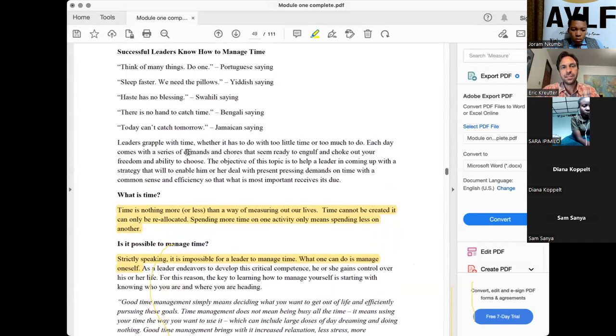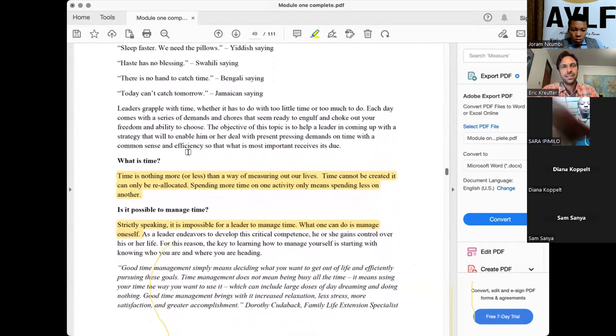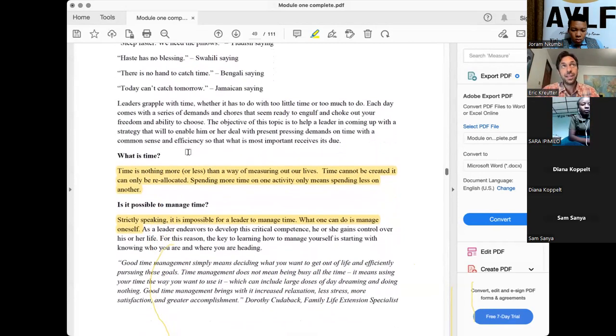Time is one of these philosophical things that we say, but has many deep meanings to it.